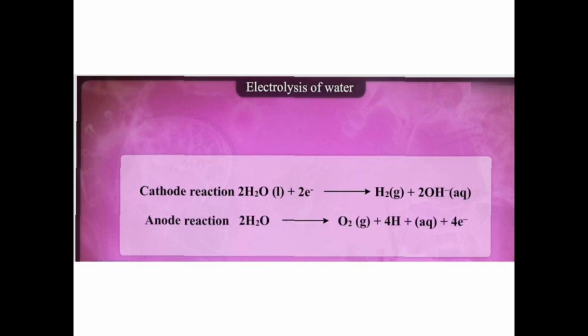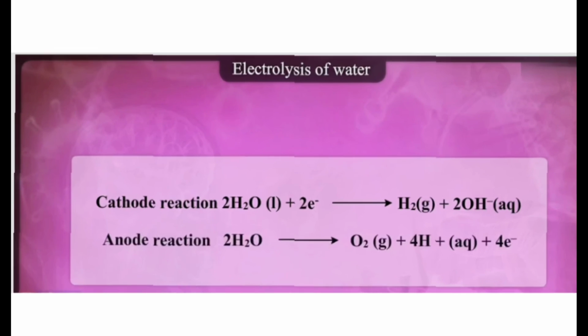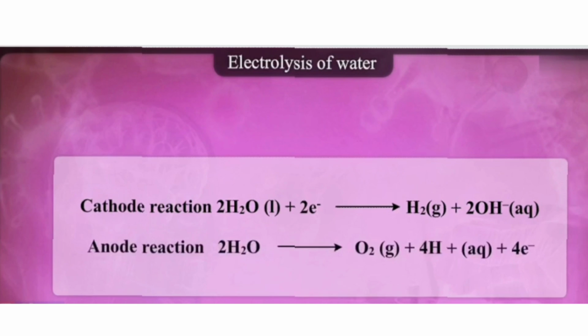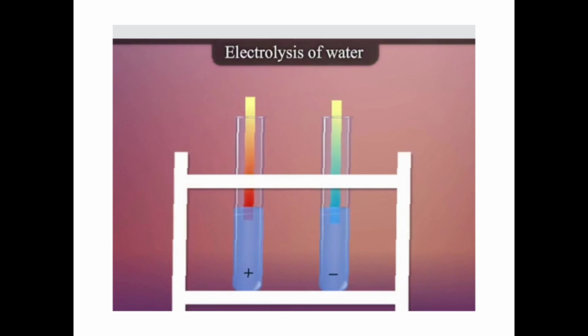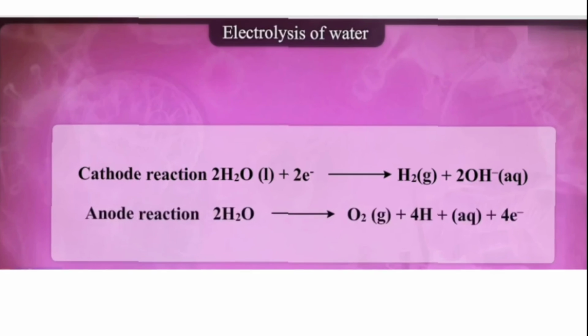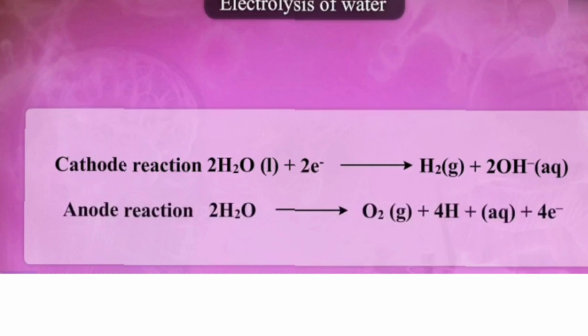So what reaction will take place here at the cathode? 2H2O plus 2e minus gives you H2 plus 2OH minus. The anode reaction is 2H2O gives you O2 plus 4H plus plus 4 electrons. Clear? So in this way, children, the cathode reaction and the anode reaction take place.